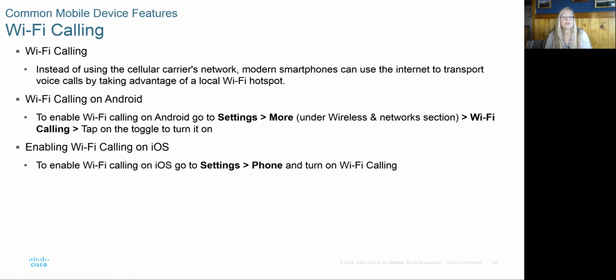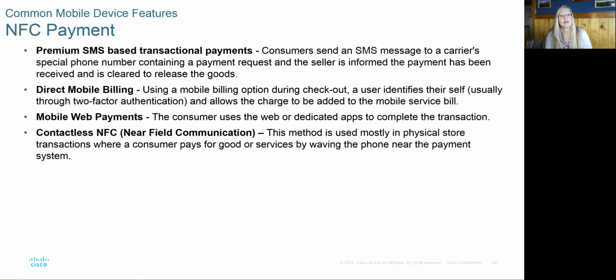Wi-Fi calling is really useful in areas with poor cell coverage because it's going to use your local Wi-Fi hotspot to fill in the gaps and give you a nice, good audio signal. The hotspot must be able to guarantee a throughput of at least one megabit per second to the internet for a good quality call. And we've got examples there on how to set that up.